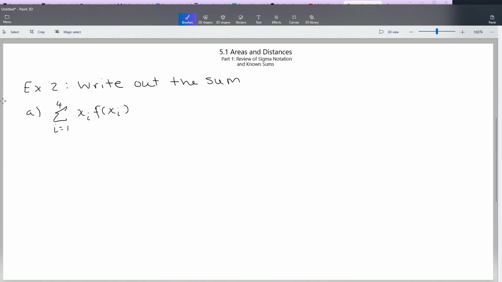Like I said, this is something that we'll see why we're talking about this specific sum in class. But we want to look at what this is going to be equal to. So again, we're going to start with just the first term, and we know that that means that I is 1. So this is going to be x1 times f of x1.